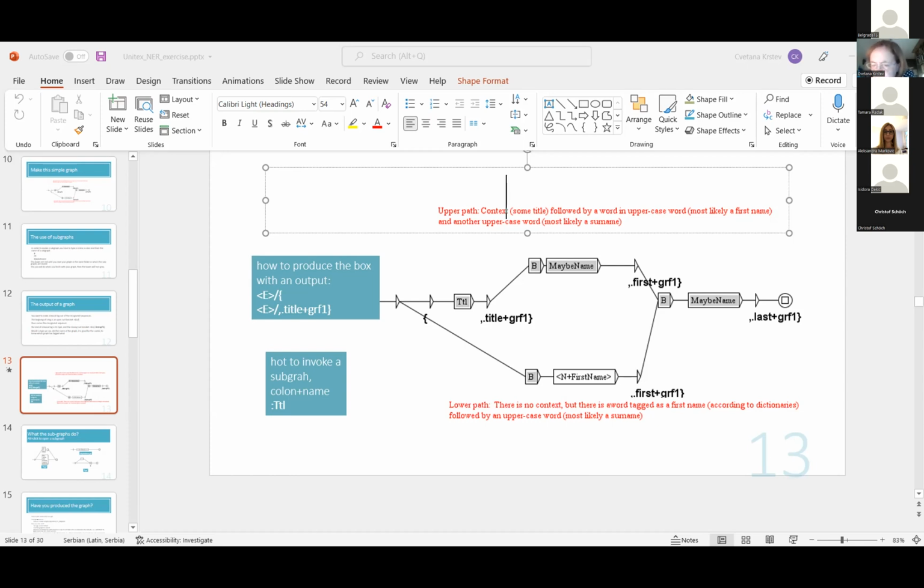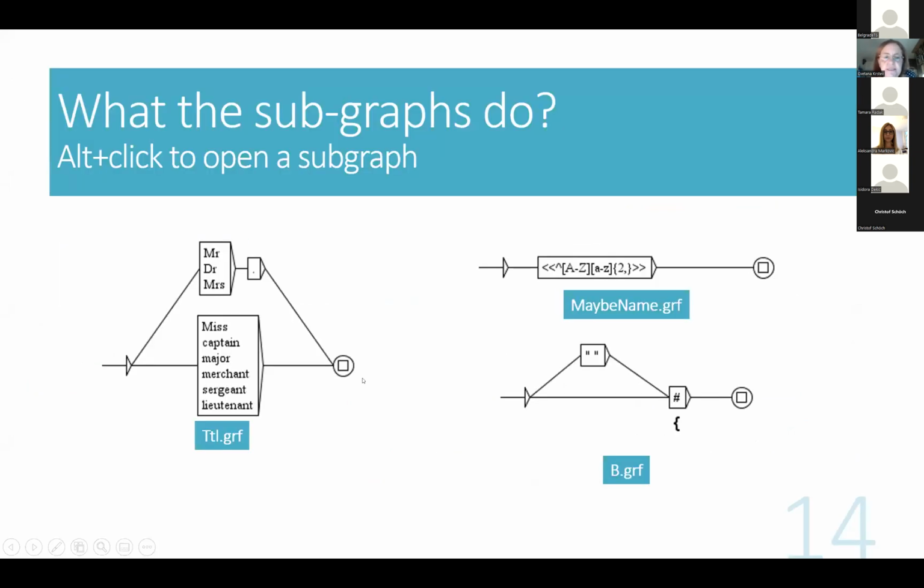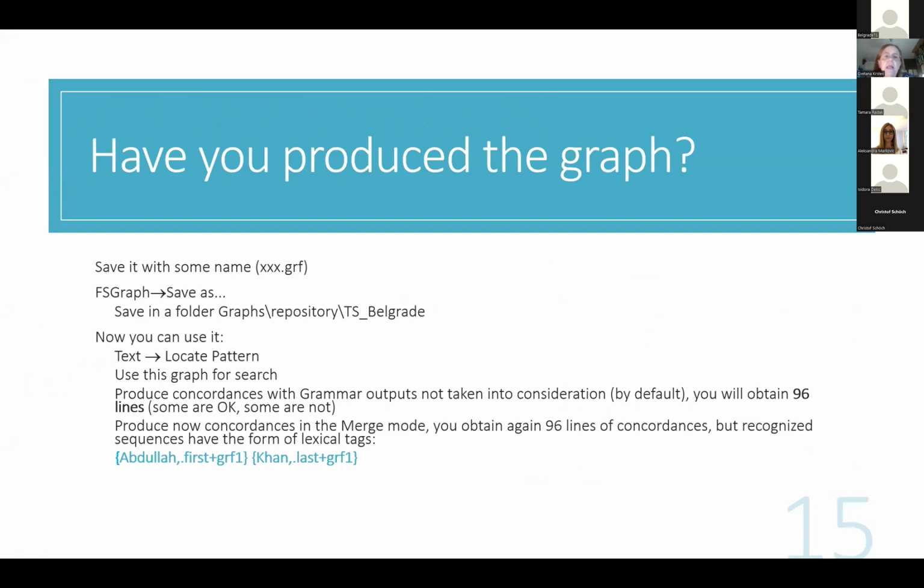So just a moment. Okay. So you have produced this graph, and now you can see. You can't see now before saving. We will return to this. Now you can save this graph. You choose your name, whatever you want, but you have to save it to turn these boxes not red but gray.